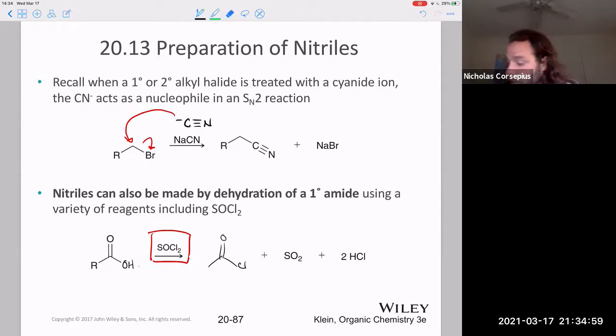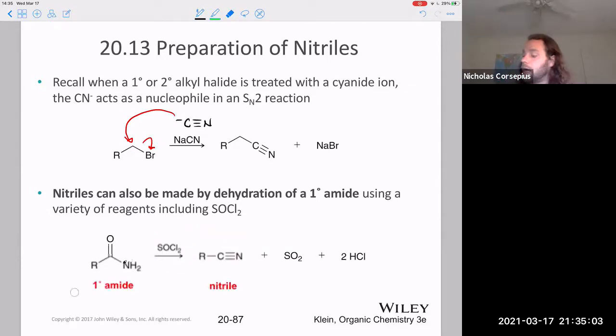That is very much not what is occurring here. No chloride ion is appearing in our product. So although it's the same reagent, you've got to keep it in a different place in your brain, because it's accomplishing something completely different. But this is a method of creating a nitrile from an amide.